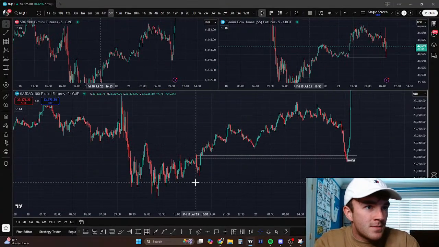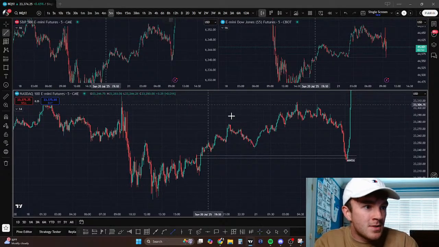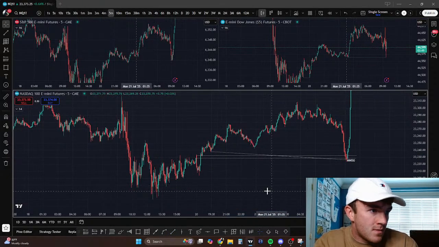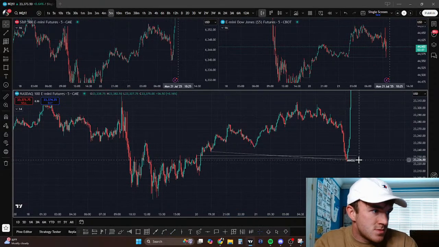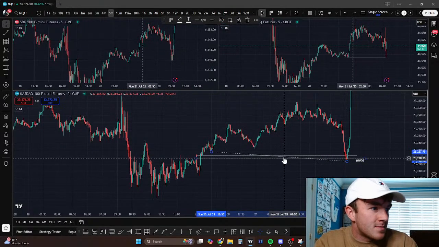I'm wondering, first of all, was there SMT with it? Yes, there was, right? We have SMT with this low into the new week opening gap. So that's one of the first things you want to see with a new week opening gap, an SMT.